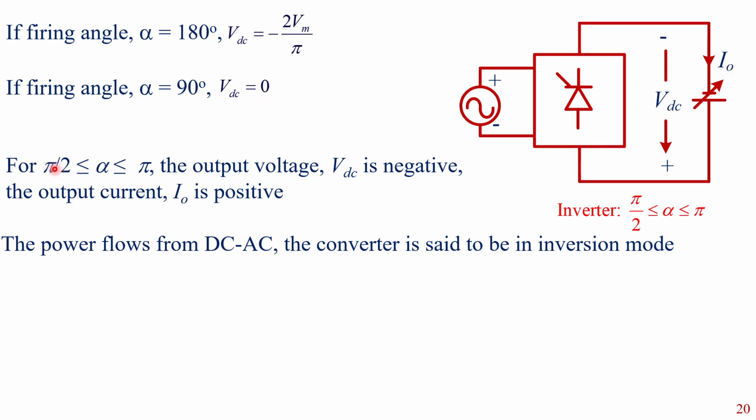If firing angle is varied between pi by 2 to pi, the output voltage VDC is negative and the output current is positive. The power flows from DC to AC, and the converter is said to be in inversion mode.